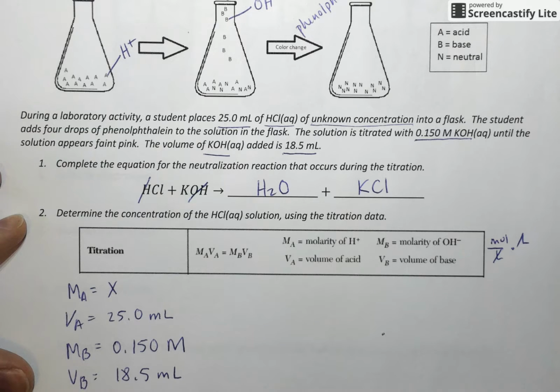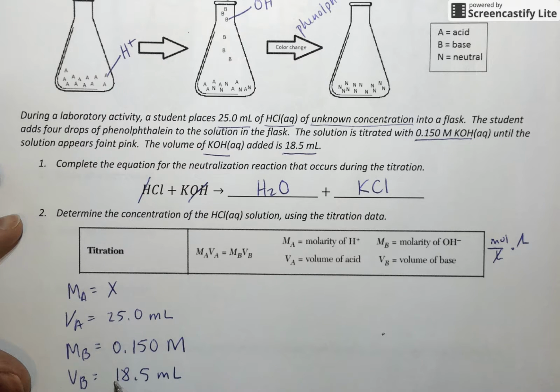If you pause for a moment here and think about what these numbers mean, it took slightly less base than there was acid to completely neutralize the acid. That must mean this base was a little bit stronger than this acid in order to neutralize it with less.